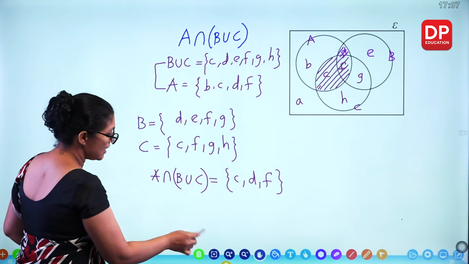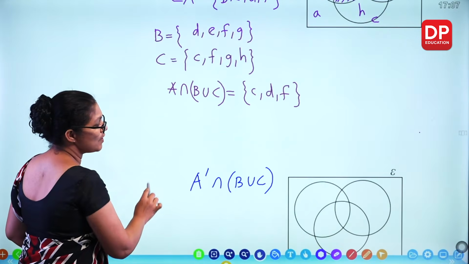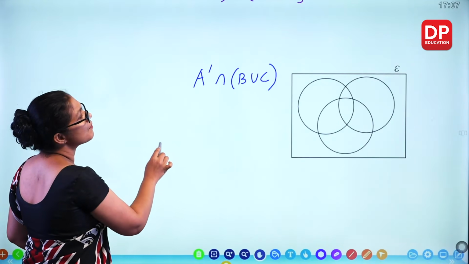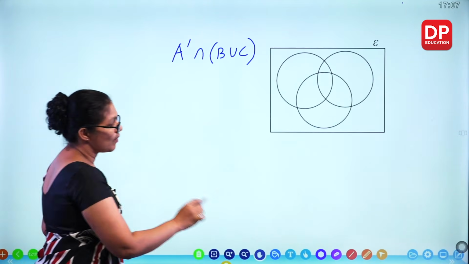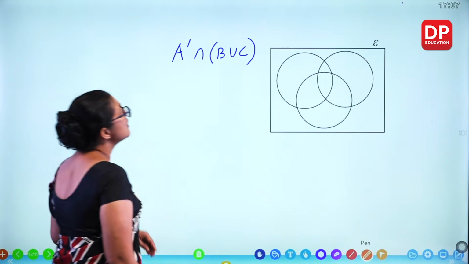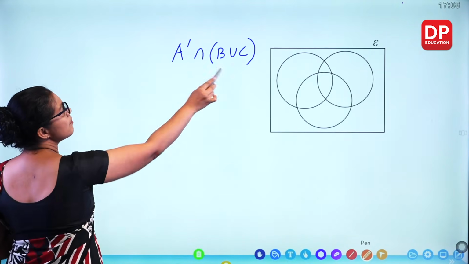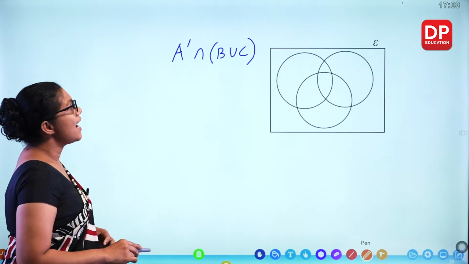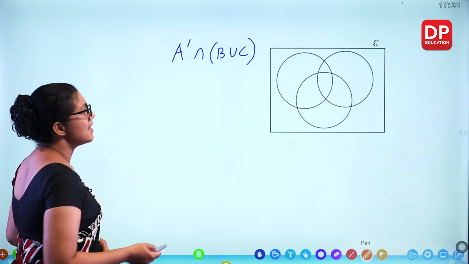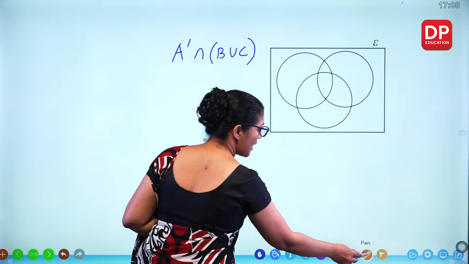Now we'll look at a different question with the same diagram. Something like this. How can we find out the region that belongs to this one: A dash intersection B union C. Again, same thing we have to do.